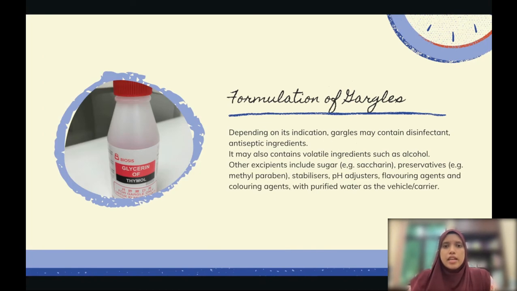Formulation of gargles depends on the indication. Gargles may contain disinfectant or antiseptic ingredients. Antiseptic means something similar to antibacterial, meant to kill bacteria and to provide relief to the pain that the patient is experiencing at the throat. It may also contain volatile ingredients, such as alcohol, and other excipients such as sugar, preservatives, stabilizers, pH adjusters, flavoring agents, and coloring agents, and usually purified water as the vehicle and carrier.